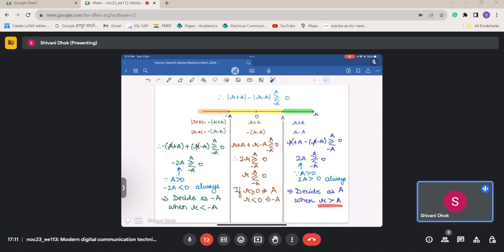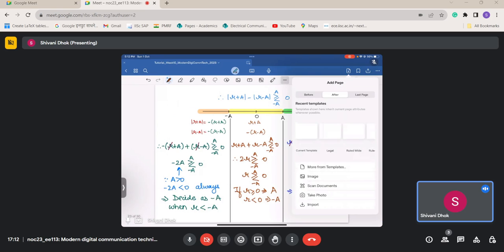Also, when my r is between 0 to a and a to infinity, then we are again deciding in favor of a. So in other words, we can simply say that if my r is greater than 0, then I'll decide in favor of a itself. So by combining these three arguments which we have here, let me write it properly.